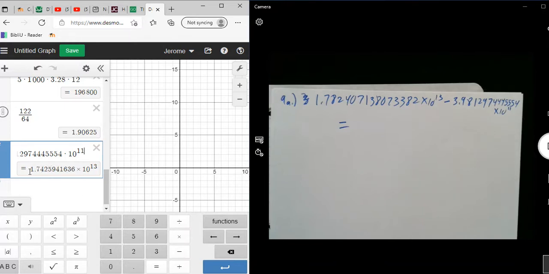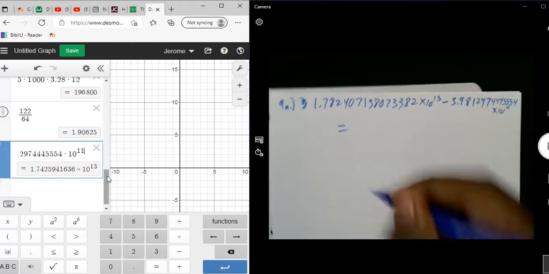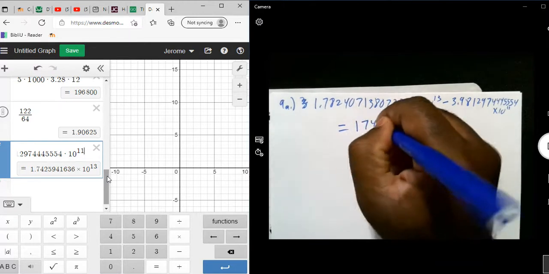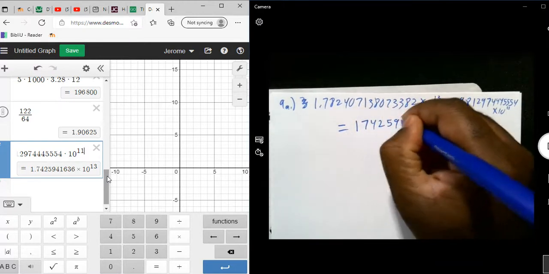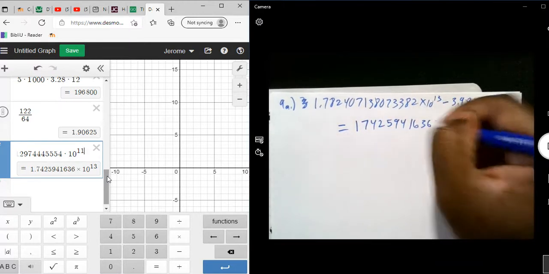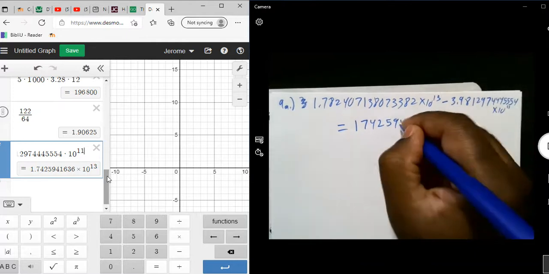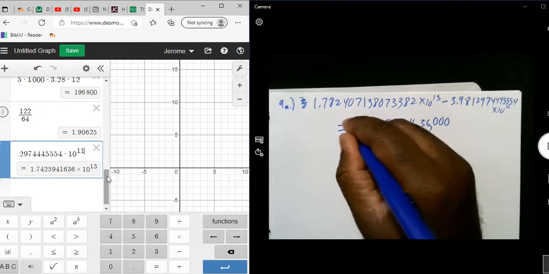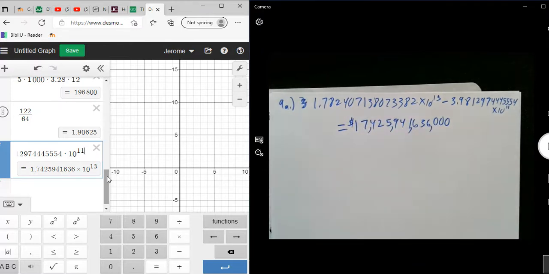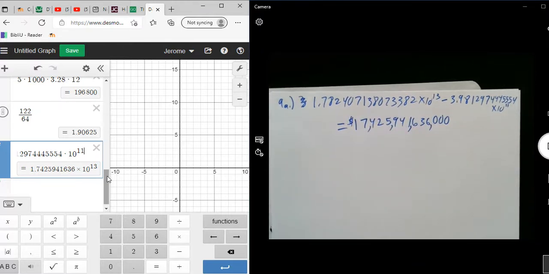So that means we would take all these numbers behind the decimal and then add 3 more zeros. So we have 1, 7, 4, 2, 5, 9, 4, 1, 6, 3, 6, and 3 more zeros. So this would be our answer for 9A.